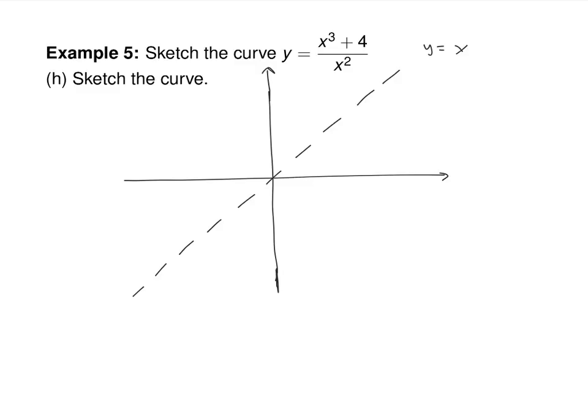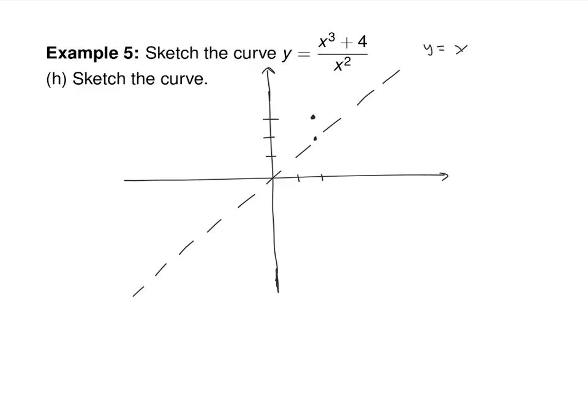We also know one nice point, don't we? Don't we know over 2, up 3? And does it make sense that that's actually above this line? Because over 2, up 2 is on the line, right?